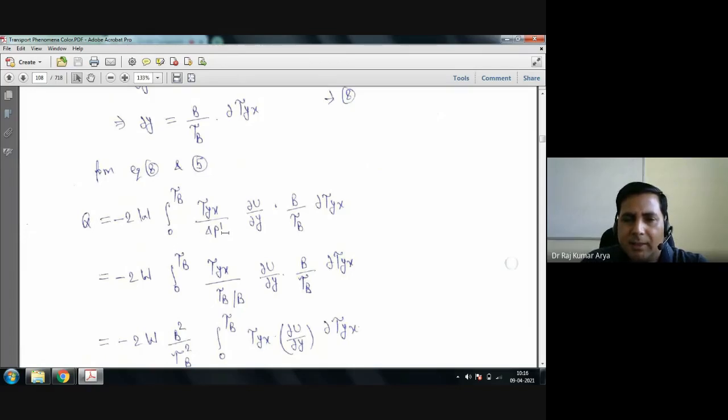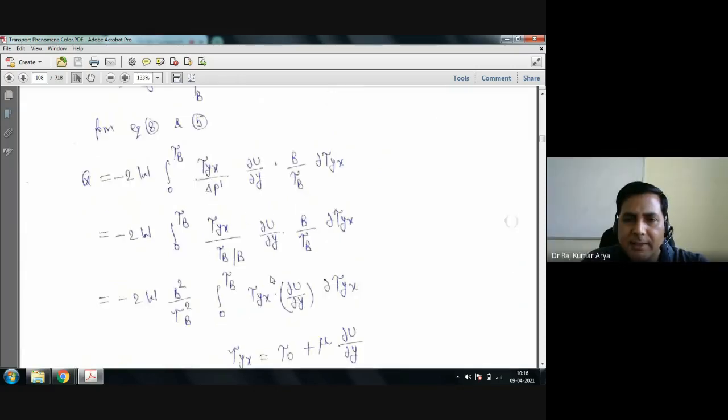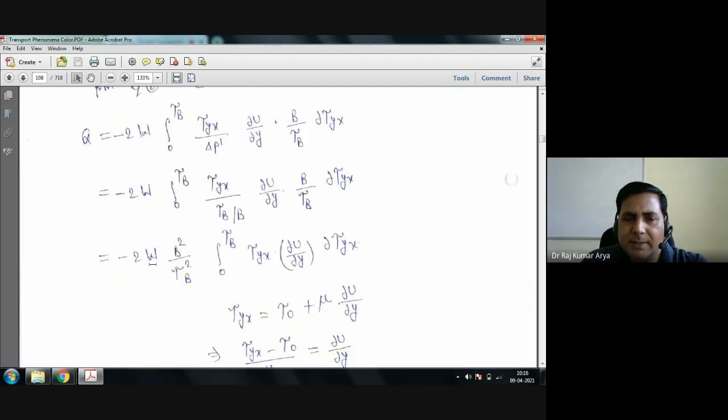Now you can rearrange this, so you end up with this expression: minus 2w b square upon tau b square, integral 0 to b, tau by x del u upon del y del tau by x. Now you have this expression, right?